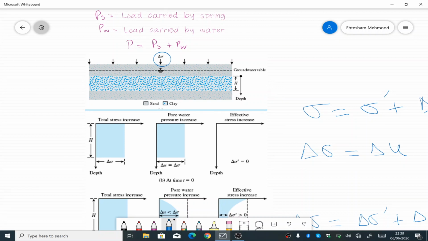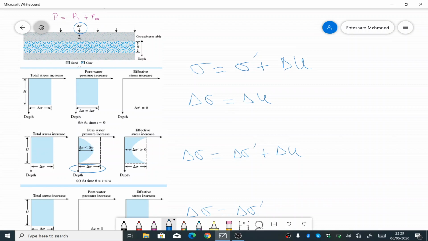At an initial time of t equal to 0, before we talk about it, there is a little explanation here: the total stress in a system, indicated by sigma, is equal to the effective stress, sigma dash, plus delta u, the change in pore water pressure.